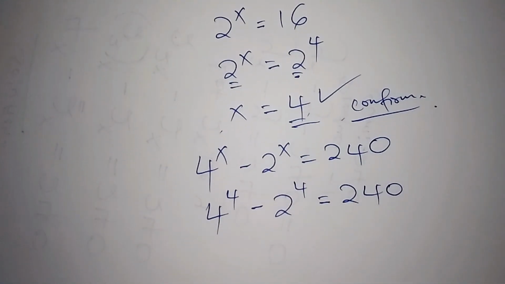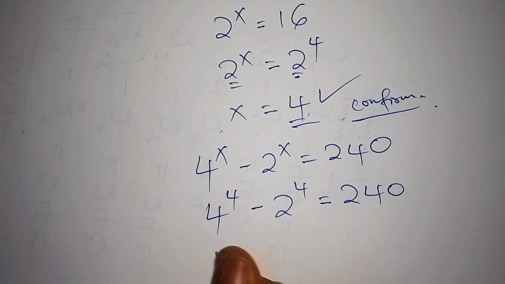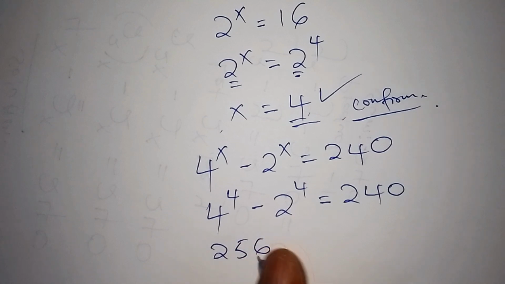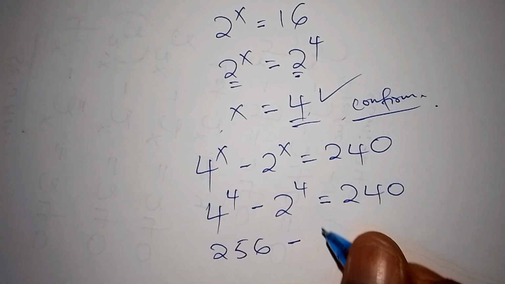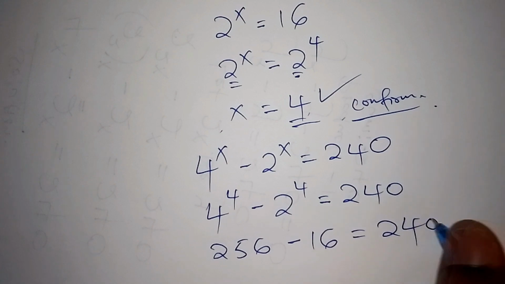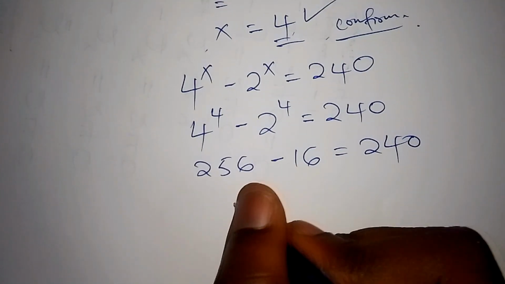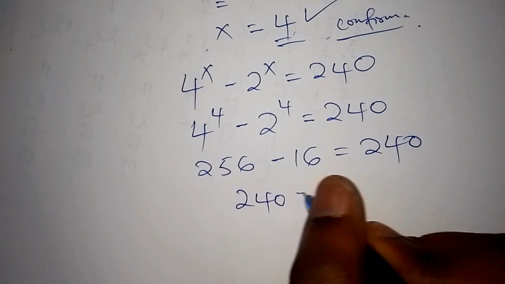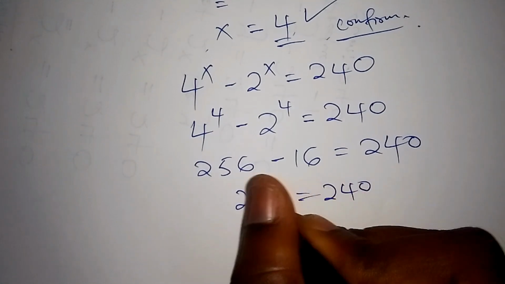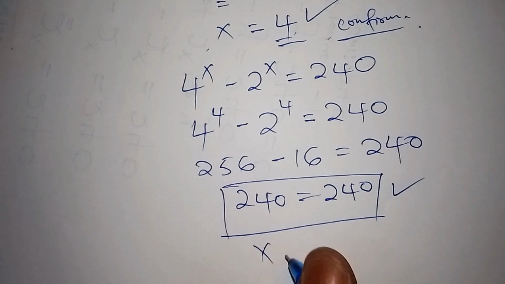So what is 4 to the power of 4? In this case we have the answer as 256. So here 256 minus 2 to the power of 4, which is 16, is equal to 240. So 256 minus 16, we have 240, is equal to 240. So our answer is finally correct when you say that x is equal to 4.